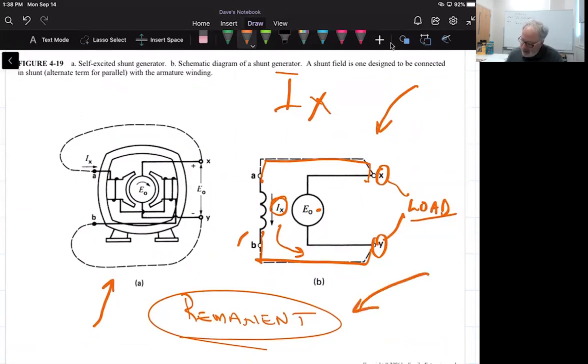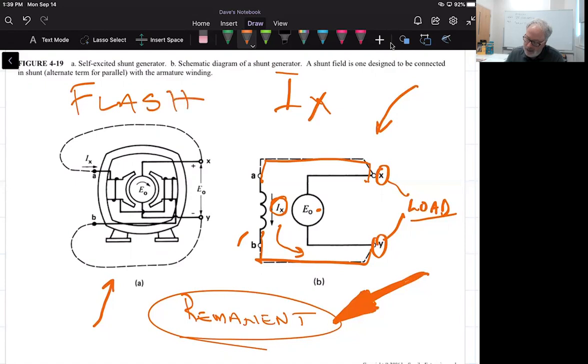The basic idea here is this remnant magnetism that resides on the armature. It is there, and it starts this whole thing. Sometimes in class we have a little more time to go through some ideas, but one thing that has to be done to a generator is what they call flashing the generator.